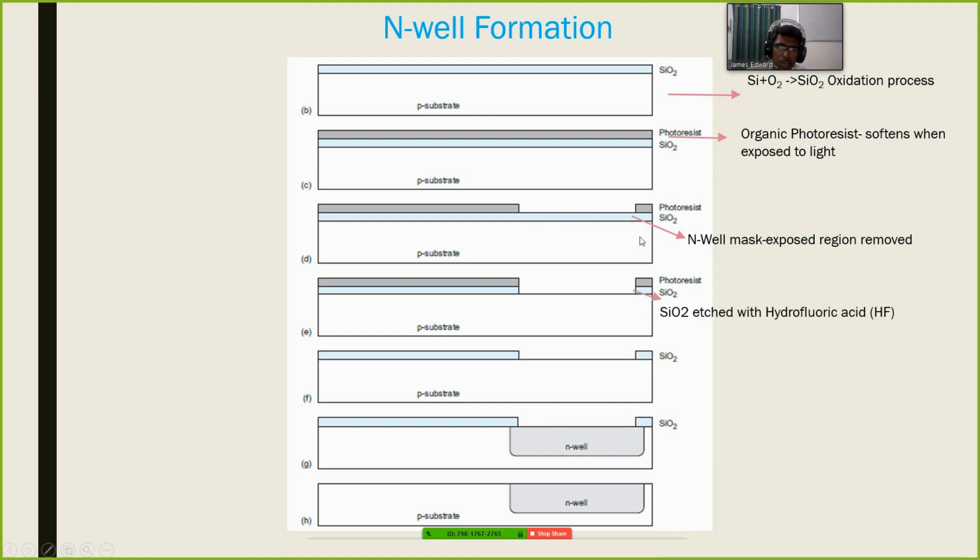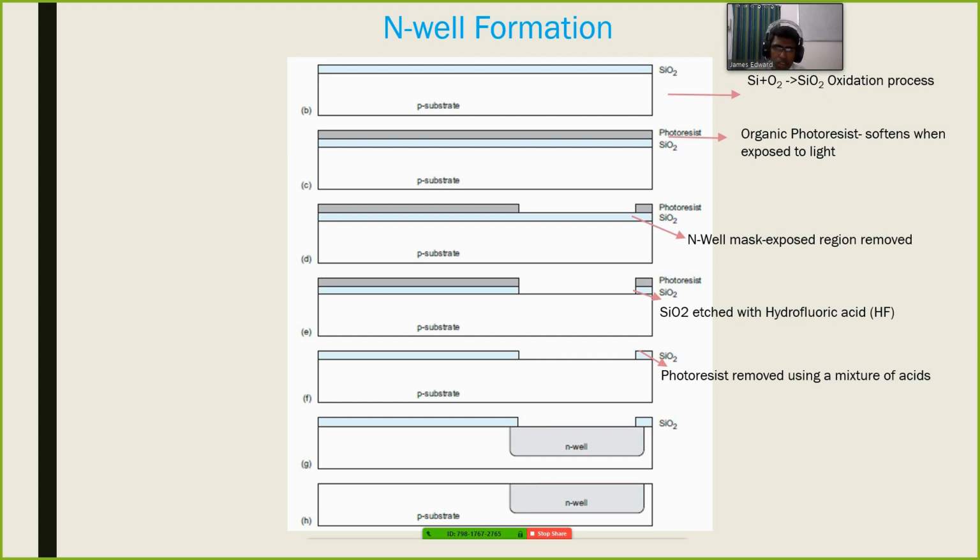Then we have the SiO2 layer in this region where the N-well is going to be fabricated. It is etched with hydrofluoric acid. Then the photoresist is also removed in the adjacent regions, using a mixture of acid.